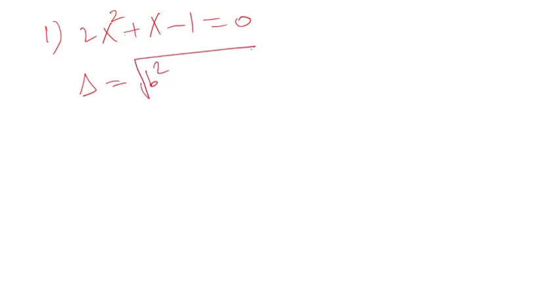So for instance, let's find the solution to this equation: 2 times x squared plus x minus 1 is equal to 0. So the delta is equal to the square root of b squared minus 4 times ac. And in my case, a is 2, b is 1, and c is minus 1.